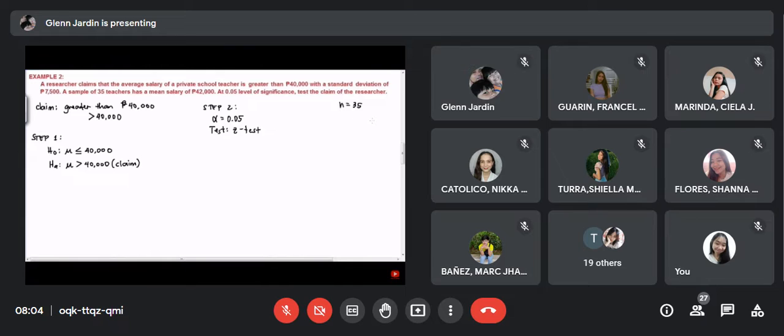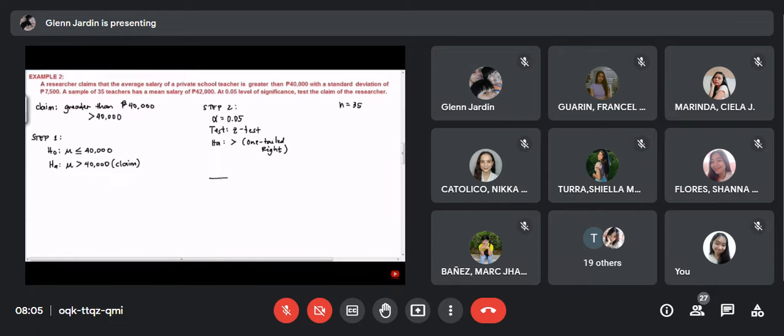They have sampled 35 teachers, and 35 is greater than 30. Therefore, we will use z-test. Ang tail nito, titingnan nyo yung HA. Sabi sa HA, greater than, so one-tailed lang yan. One-tailed sa right. Hindi lang basta one-tailed, kasi dalawa yung one-tailed.